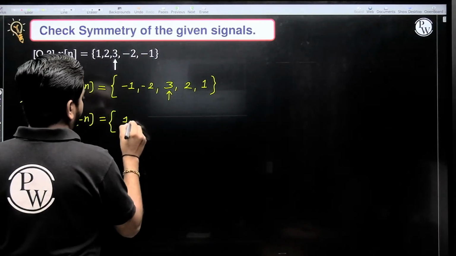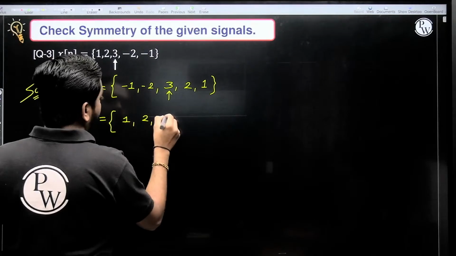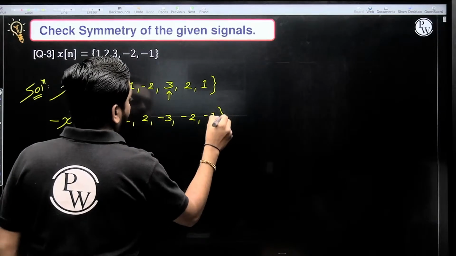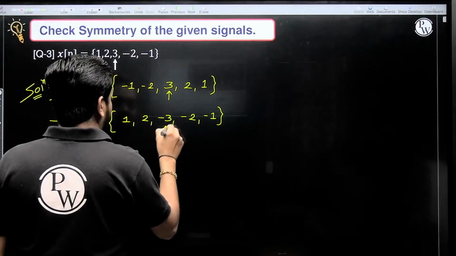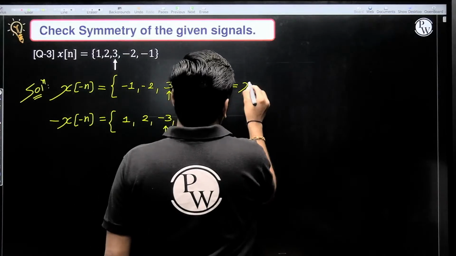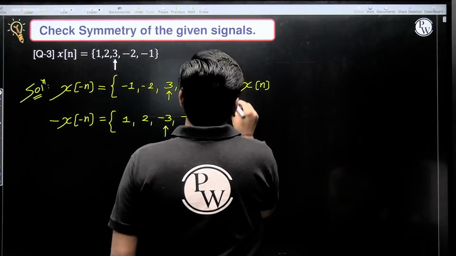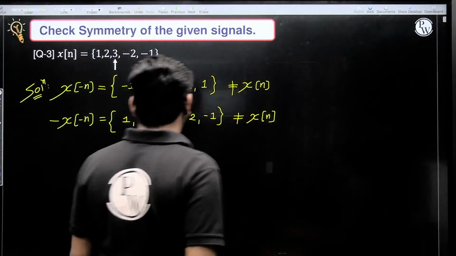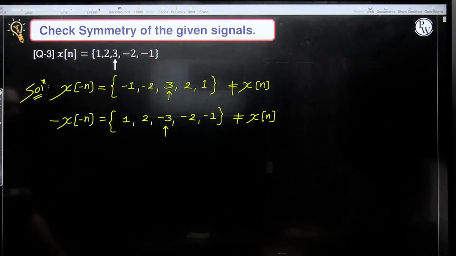So this is 1, this is 2, and at origin minus 3. This is minus 2, minus 1. This is also not equal to x of n. That's why this is neither an even nor an odd signal.